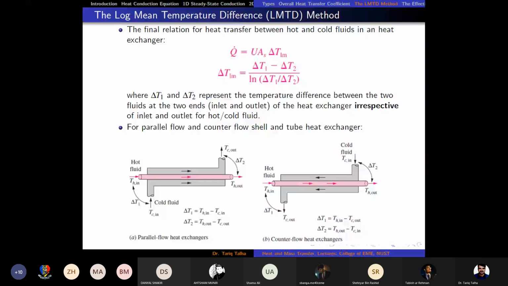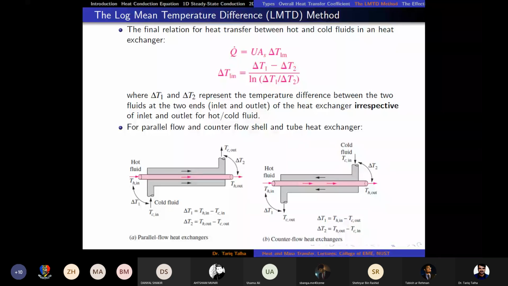So usually in industry we use counterflow heat exchangers more than parallel flow. Parallel flow is good just for theoretical understanding, but practically, for a given temperature change, if we want to determine the length of the pipe, the length required for the counterflow heat exchanger would be less.